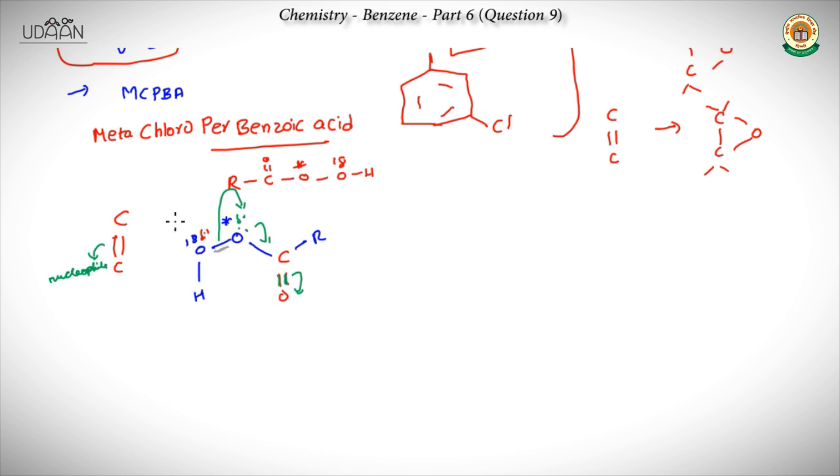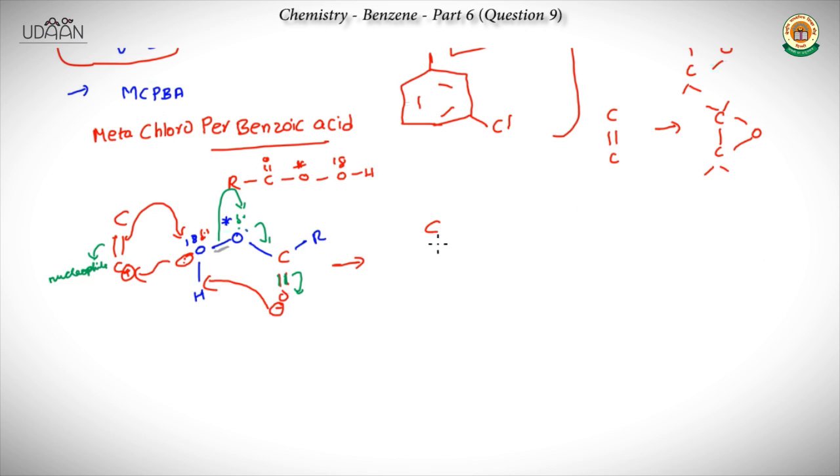This nucleophile which you have gives its electrons to it also. Then you will get a positive charge here on this carbon, and you know that oxygen has a lone pair of electrons. This oxygen gives its electrons to it. Also here you will be getting a negative charge on this oxygen, and this takes this hydrogen.